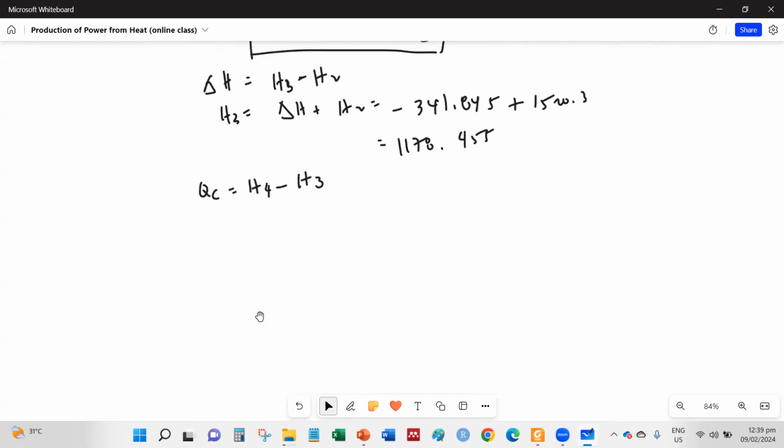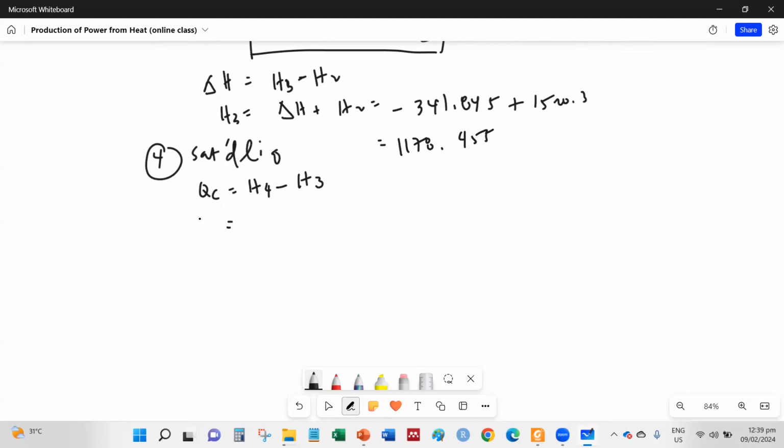Alright, so do we know H4? Not yet. We don't know H4, but we know that point 4 is a saturated liquid. Okay, so we're already at point 4. It's a saturated liquid.